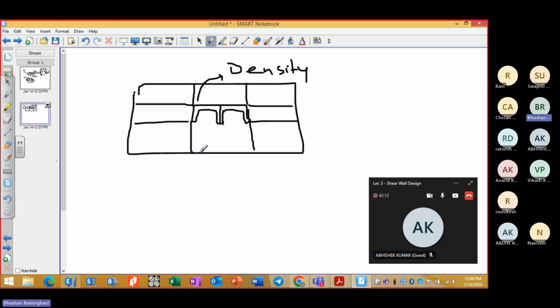So this way you need to arrange your building. If there is only a central core, it should have very good density and it should be connected with the perimeter. So perimeter will also take part in lateral load resistance, and in between columns will not take part in the lateral load resistance. So that would be defined as the gravity columns.